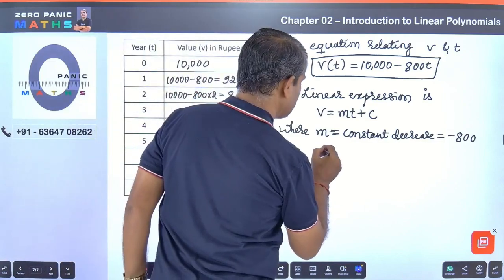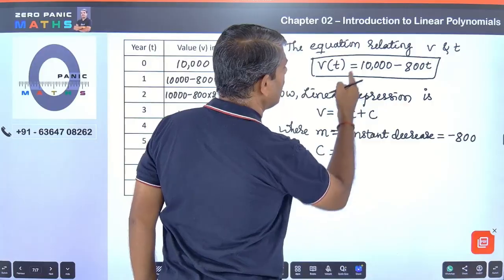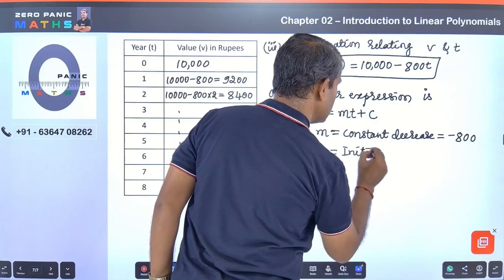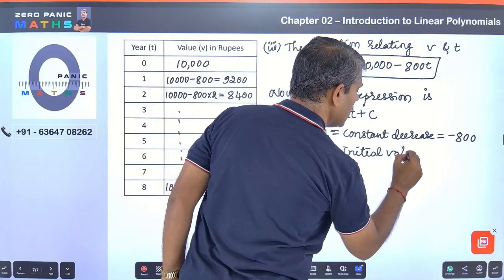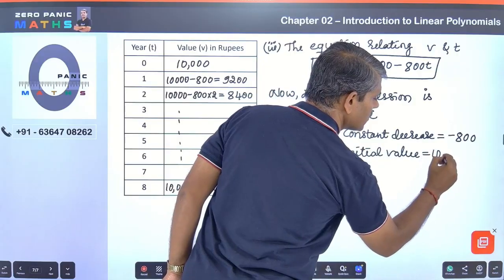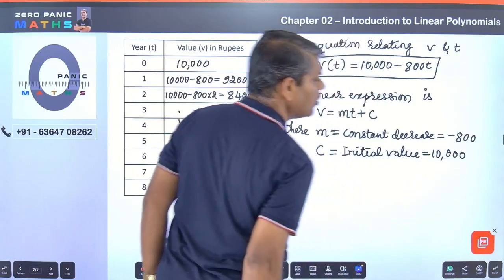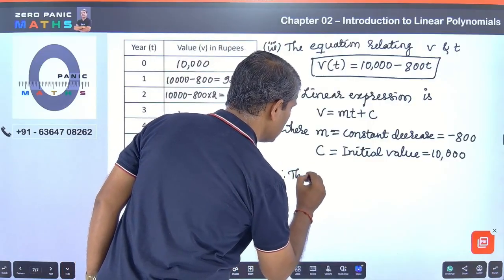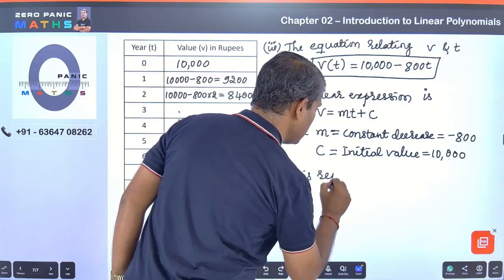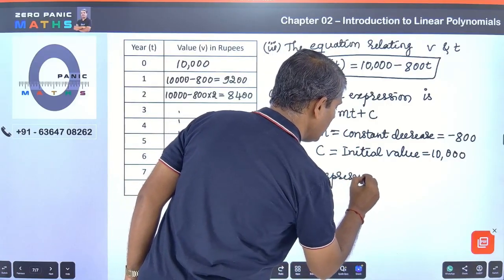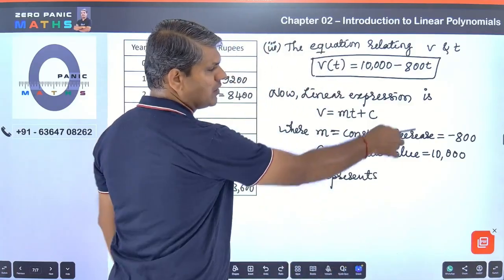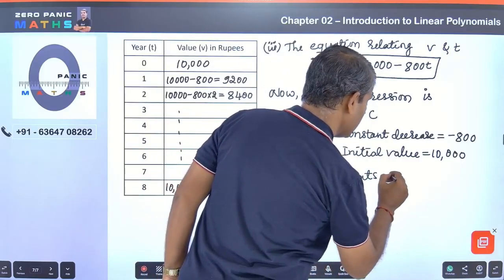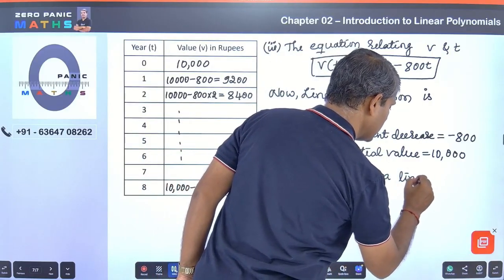And similarly, what is c? c is always the constant, the initial value, which is equal to 10,000. So finally this equation represents a linear decay, because there is a minus 800. You can write that.